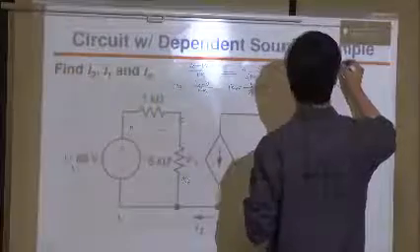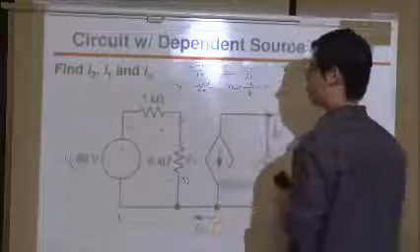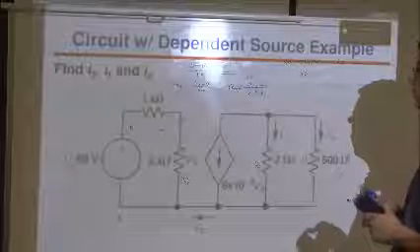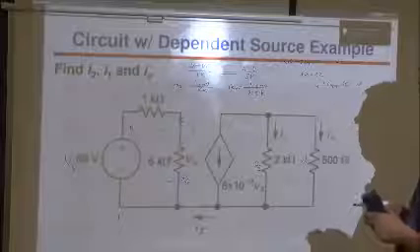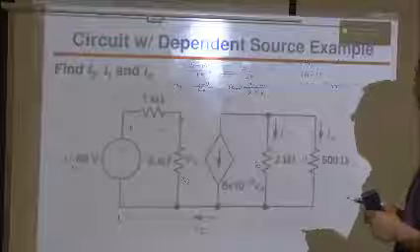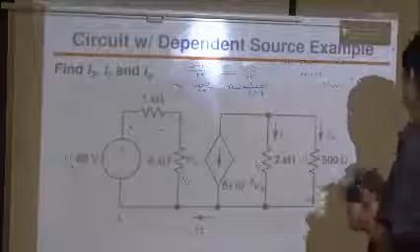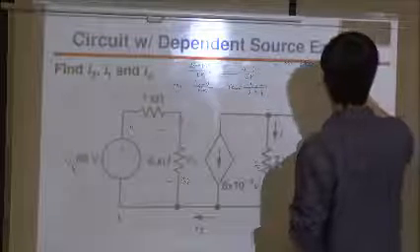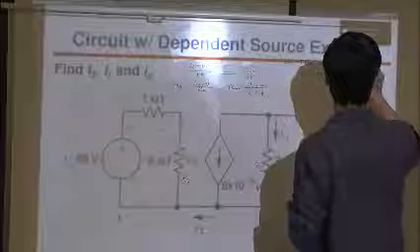So 6V1 will equal 5Vs. So V1 will equal 5 over 6 of Vs, which is 50 volt.